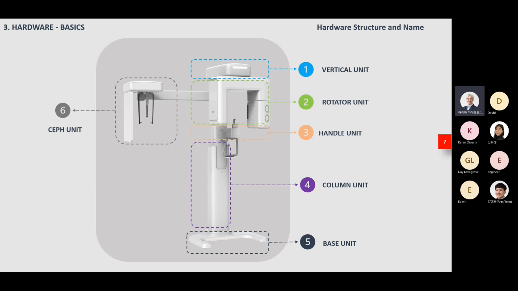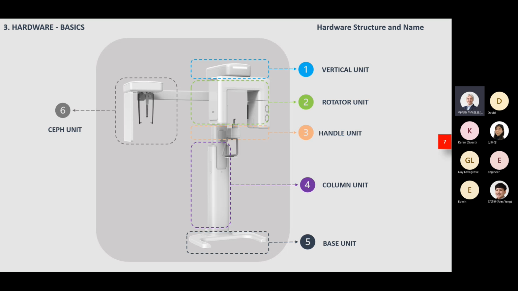Well, as I told you, you already know probably, but I heard that there are some new comers among you. So just in case some of you are lower than level one, you will recognize that in VATECH products, we have these specific parts, and you will use these words in order to communicate with the service personnel of VATECH.